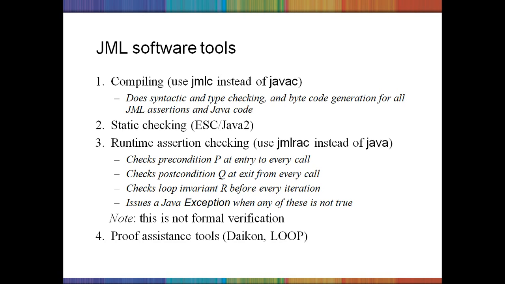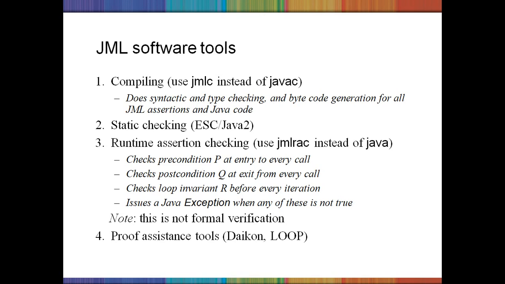Runtime assertion checking will be done by using JML RAC instead of Java. It checks the precondition P at the entry to every call, checks the postcondition Q, checks the loop invariants, and issues a Java exception if anything goes wrong. So this is not a formal verification. It is just checking the specification that you have written in the Java code.